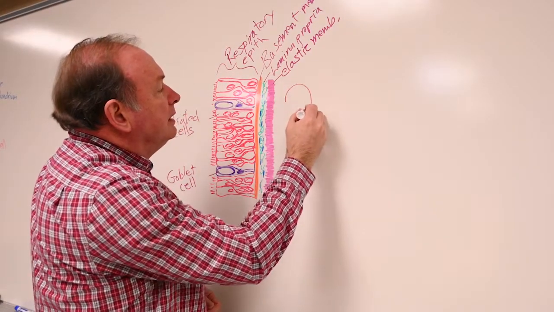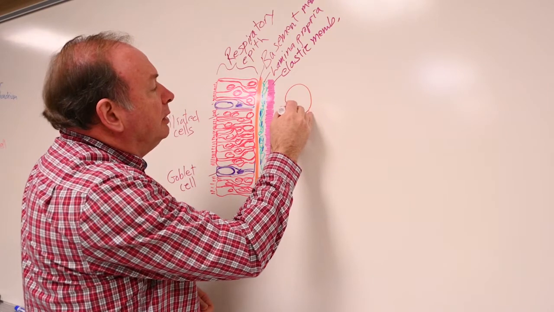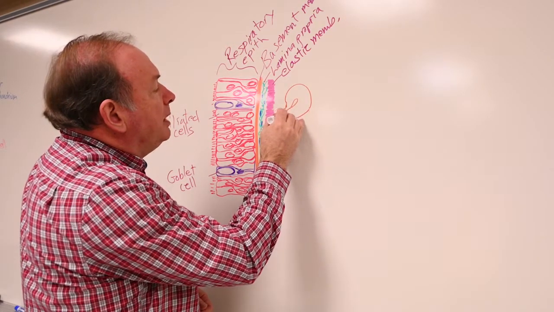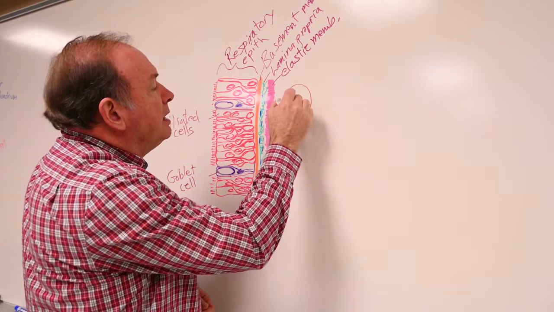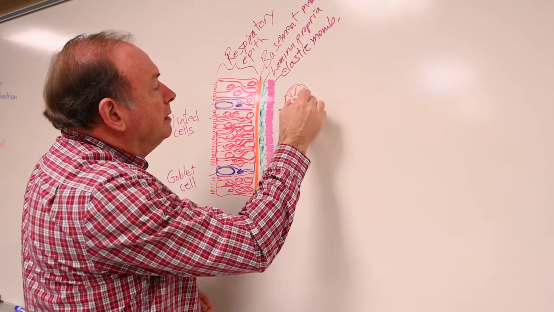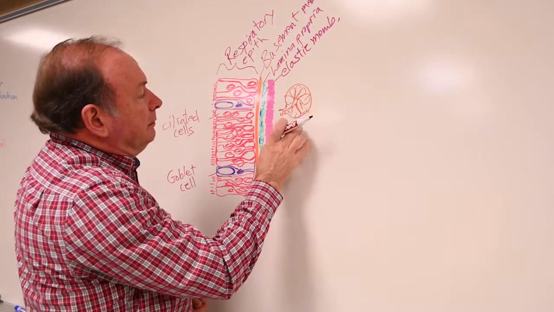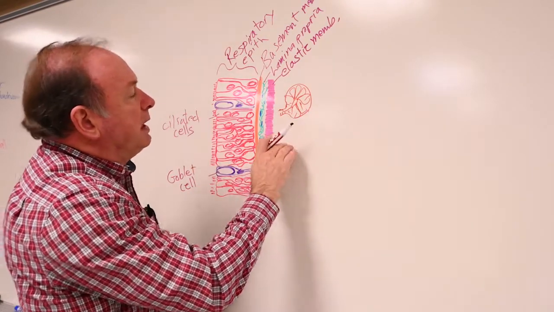So you'll see these glandular shapes out here that lead into ducts. That will be going on outside of the layer to the surface of the epithelium.